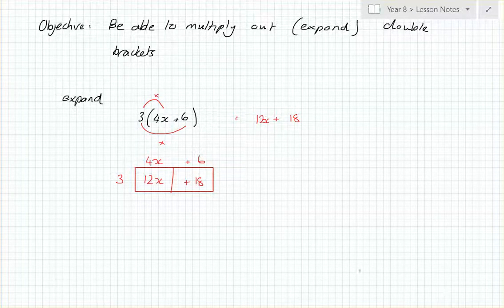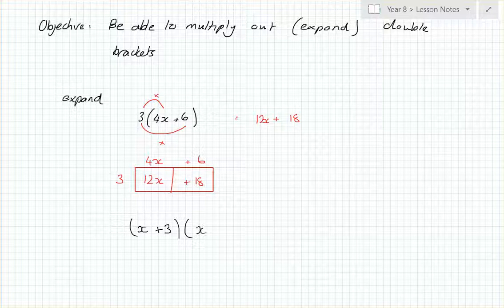So, what we're going to look at with double brackets then. We have an example like x plus 3 in one bracket, and not multiplied by a single number, but multiplied by another x plus 2, for instance.